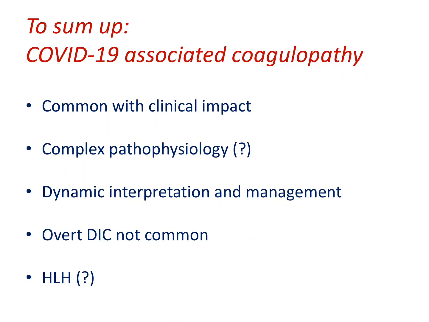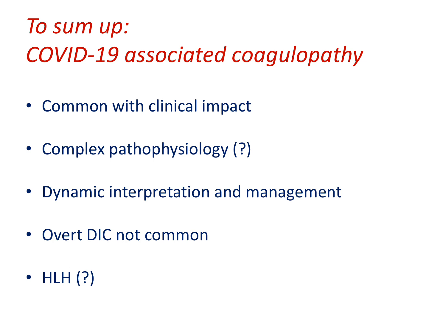So to sum up, COVID-19 associated coagulopathy is common and has a clinical impact because it is contributing to the hypoxia, it is contributing to the mortality. As we had seen in the autopsy study, PE is the main cause of mortality. It is secondary to a very complex pathophysiology, partially related to what we know about sepsis-induced coagulopathy and immunothrombosis.